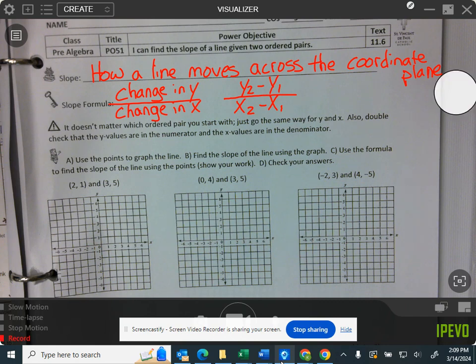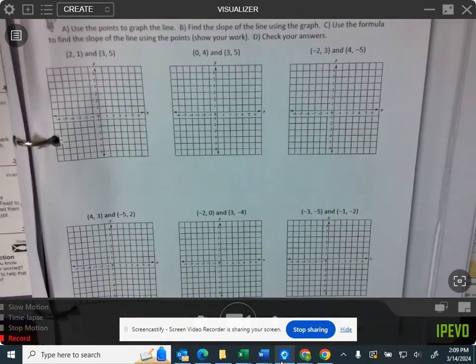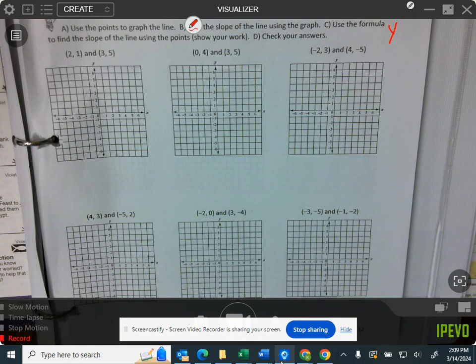So I'm going to erase this so I can move it up. So we have our formula. I'm going to write it again. y2 minus y1 over x2 minus x1.